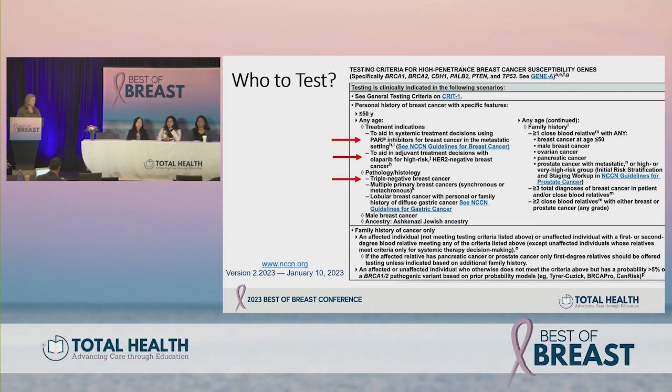And also in younger patients who are age 50 or younger. In addition, there are particular pathology or histology of breast cancers that we pay particular attention to for their hereditary risk. For example, at any age, if the patient was diagnosed with triple-negative breast cancer, also if the patient has multiple primary breast cancers, synchronous or metachronous, and also particular histology like lobular breast cancer with personal or family history of diffuse gastric cancer.